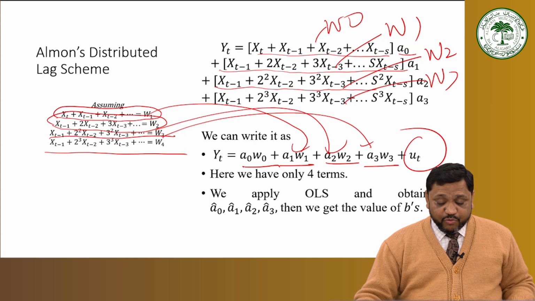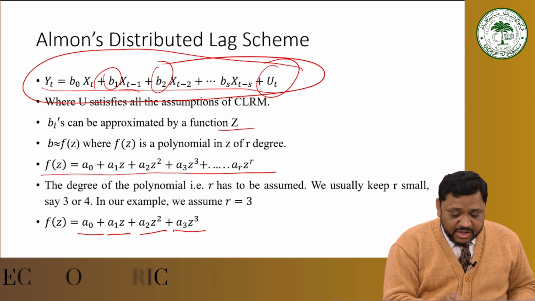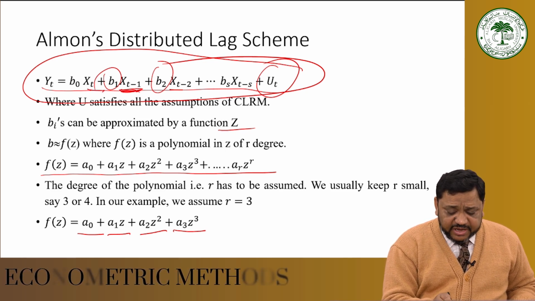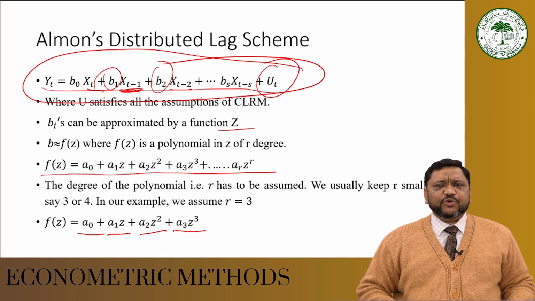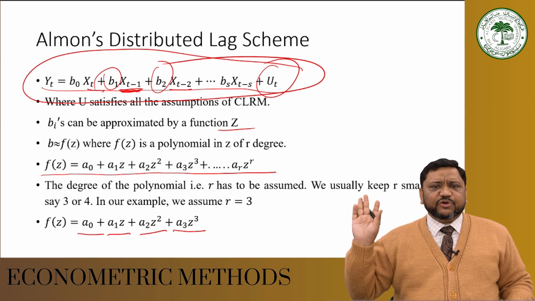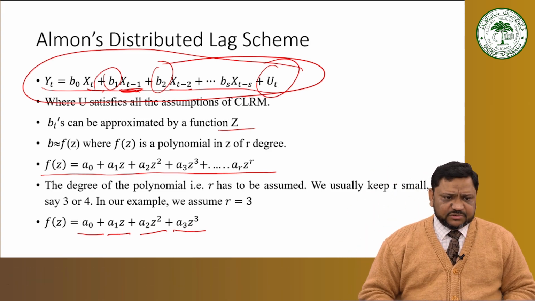And initially what was the case? If you look at this equation, xt, xt minus 1, xt minus 2, GDP of today, GDP of 2022, GDP of 2021, GDP of 2020, obviously there will be a relationship between these.